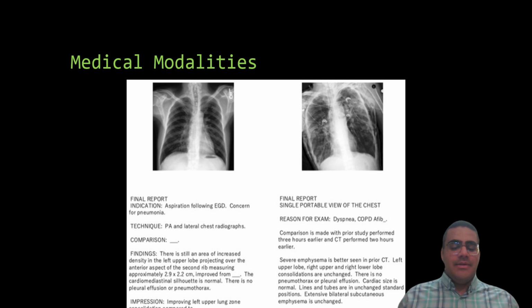For example, here we see, I believe, an X-ray scan of the chest, which accompanies the final report that a doctor has written. If we want to do some prediction task on these reports, it is very important for us to take both the image and the text into consideration to have a successful and effective prediction, right?